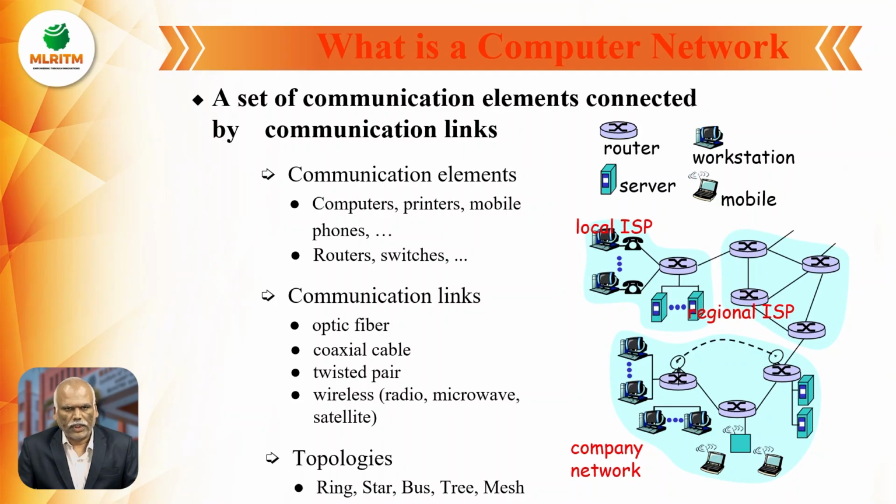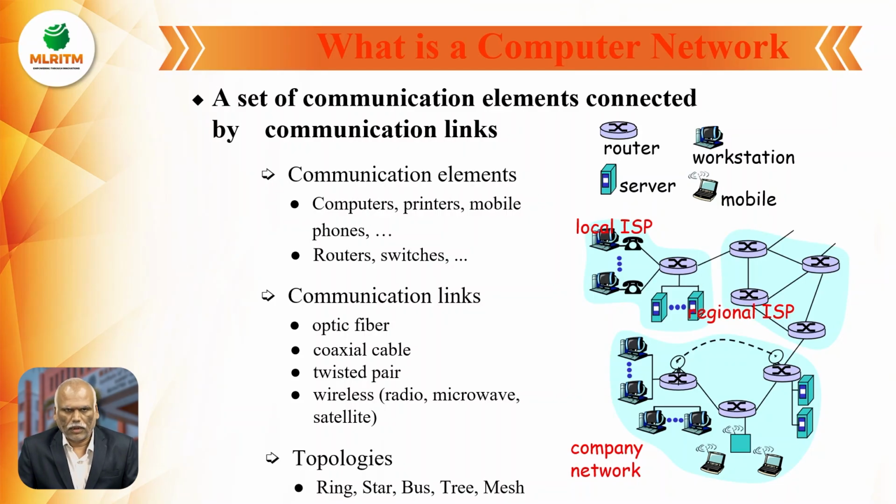A computer network is a set of communication elements connected by some communication link. The communication link can be anything, that is a medium, wired or wireless. The communication elements, the devices that are part of a computer network, are devices that are able to send or receive information.